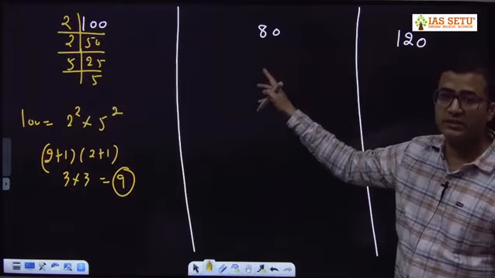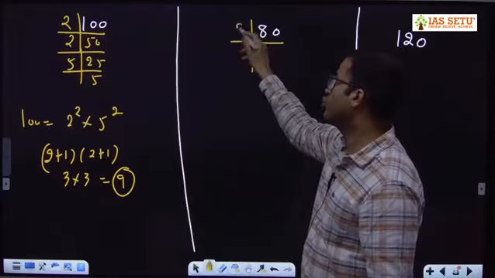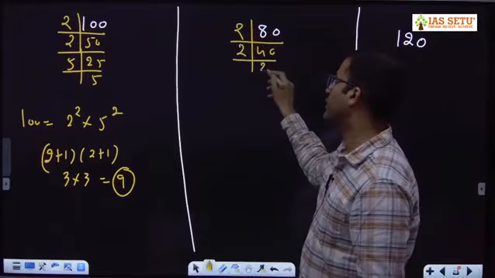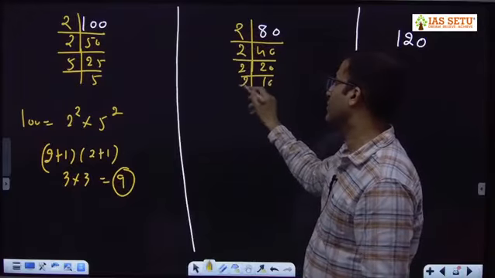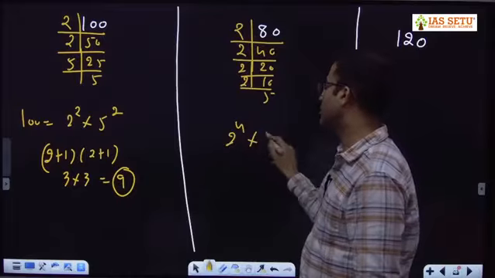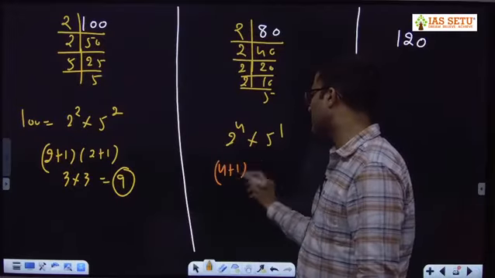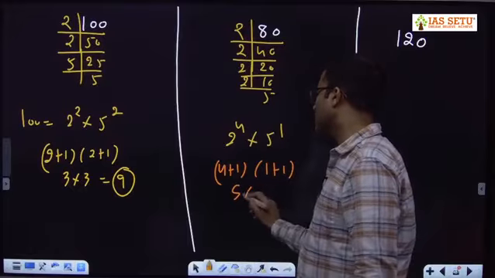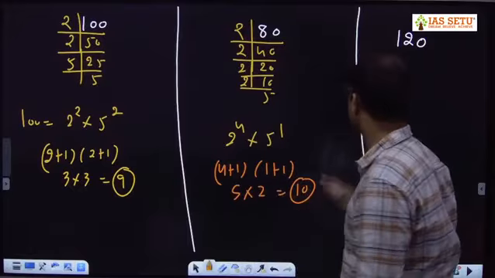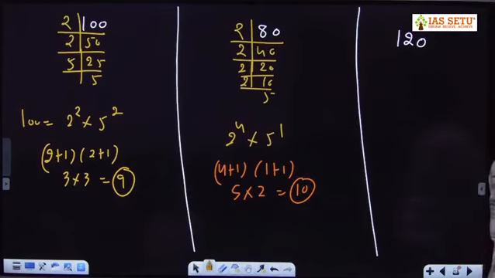What is the answer? So here we take 2 common 40, 2 common 20, 2 common 10, 2 common 5. It is 2 to the power 4 into 5 to the power 1. So we add 1 to the power, 4 plus 1, multiply with 1 plus 1. So it is 5 into 2, 10. 120 has how many factors?